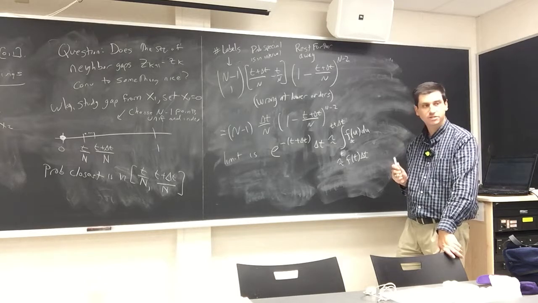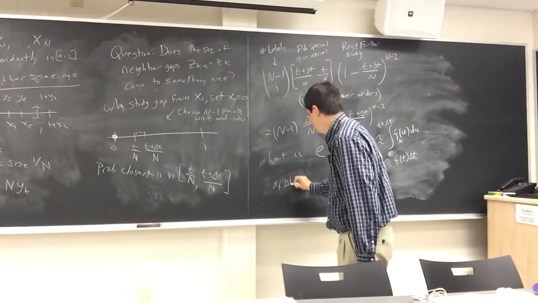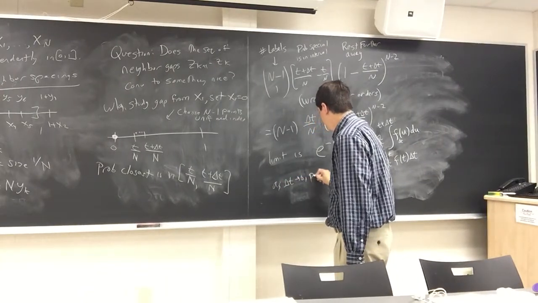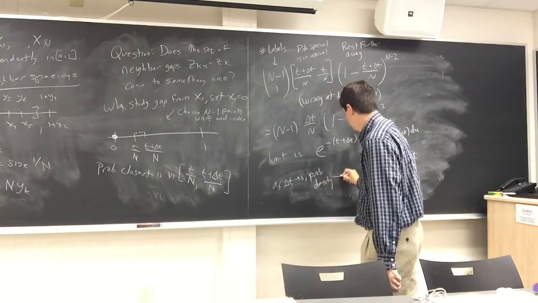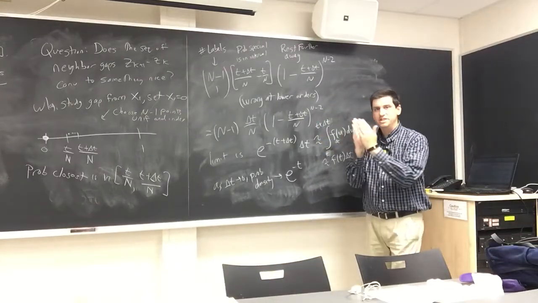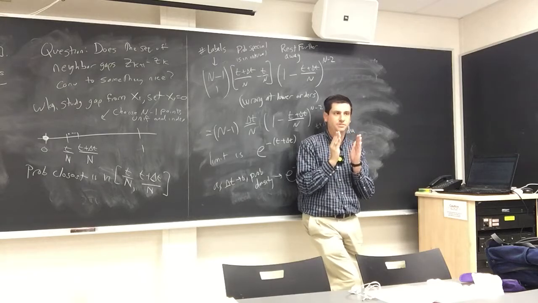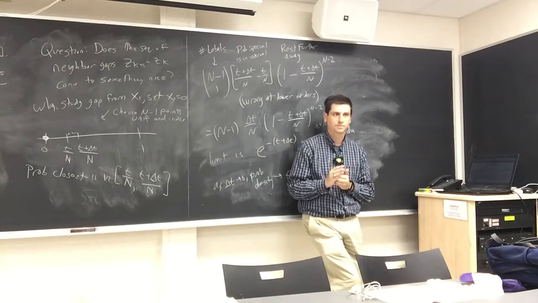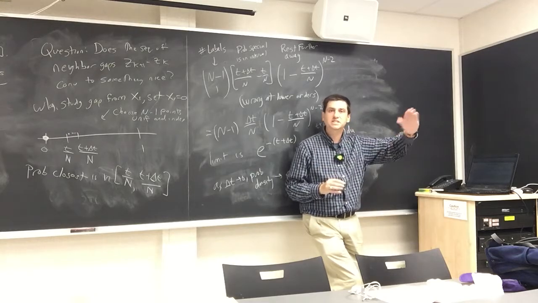As delta t goes to 0, the probability density converges to e to the negative t. And again, as delta t goes to 0, does your probability density vary that much in an interval of size delta t? No, right? Your probability density is nice, it's continuous.